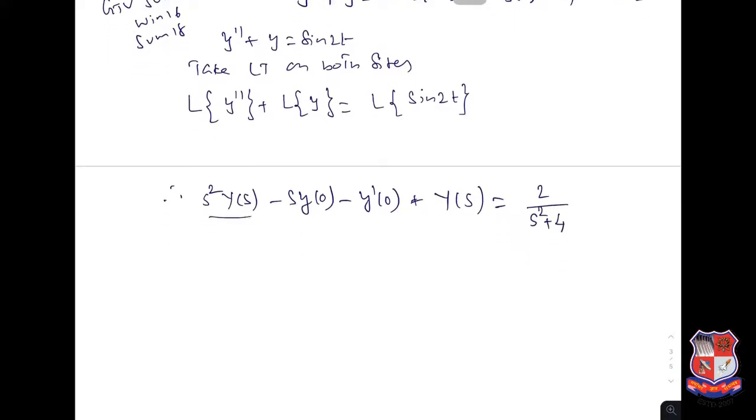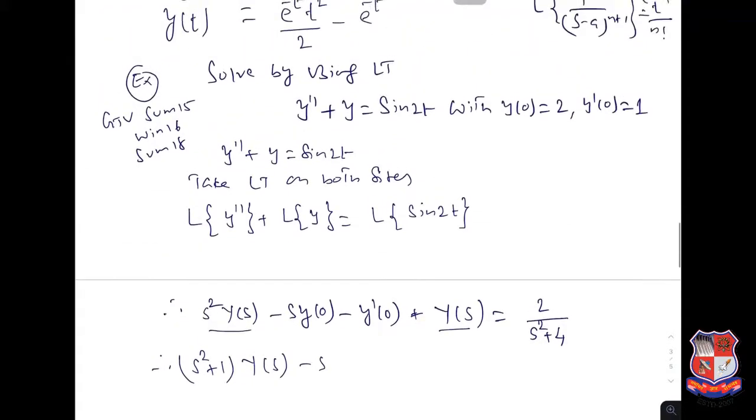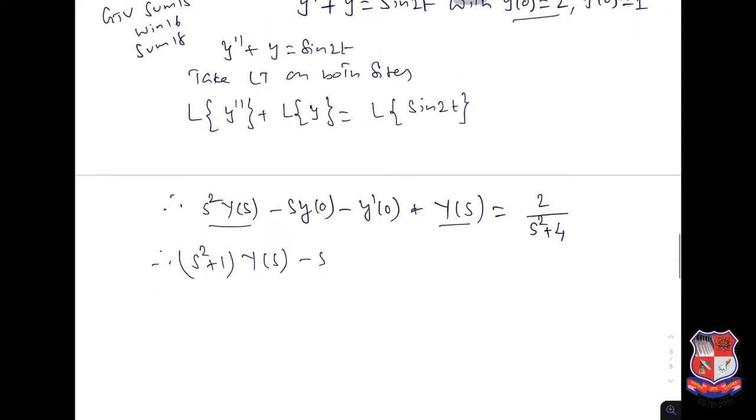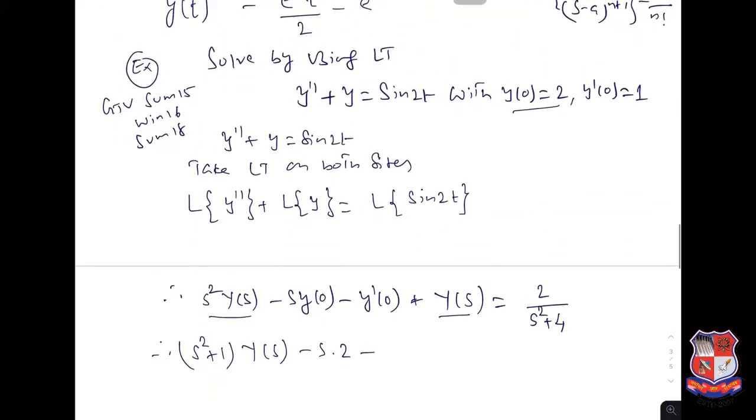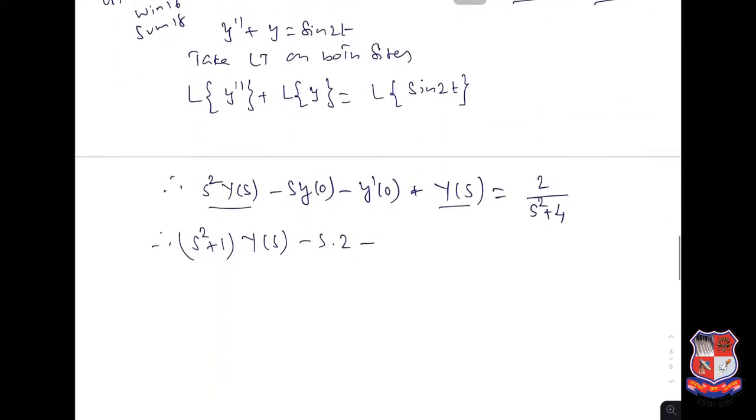Now we can take these two, so this is (s square plus 1) Y(s) minus s times y at 0, which equals 2, minus y dash at 0, which equals 1, equal to 2 over s square plus 4.